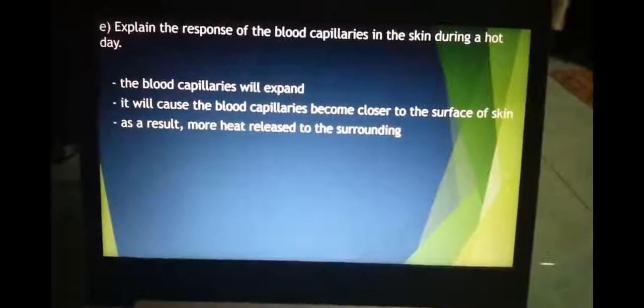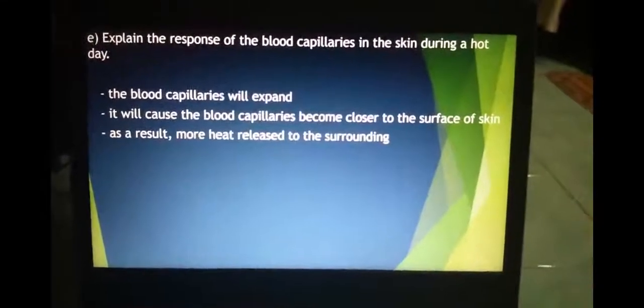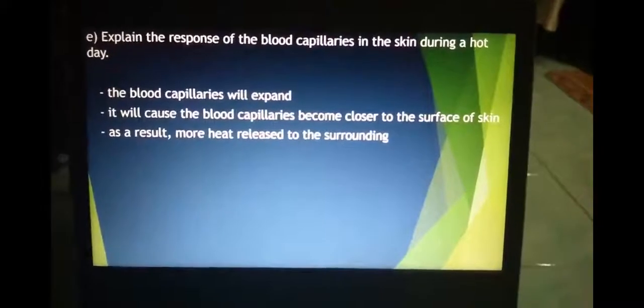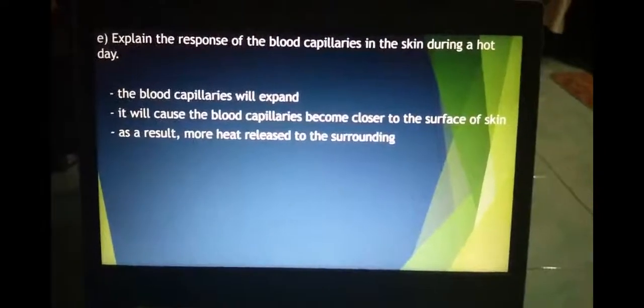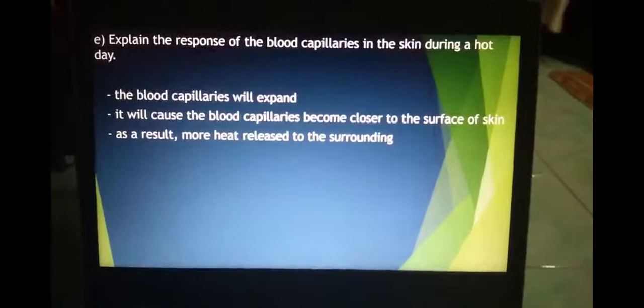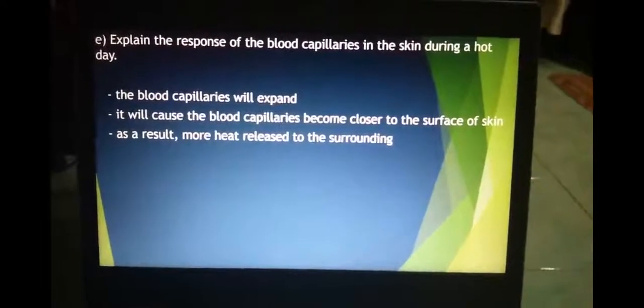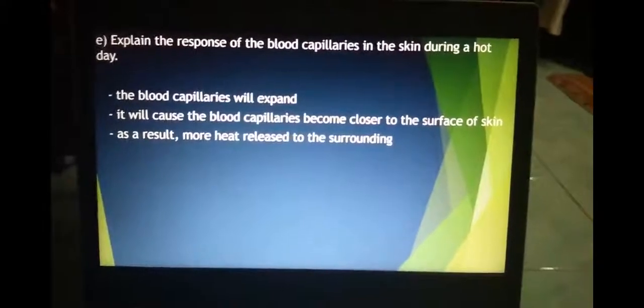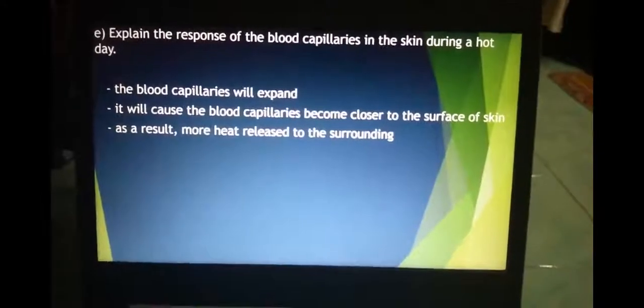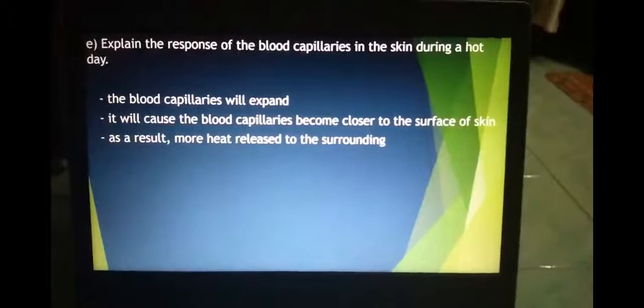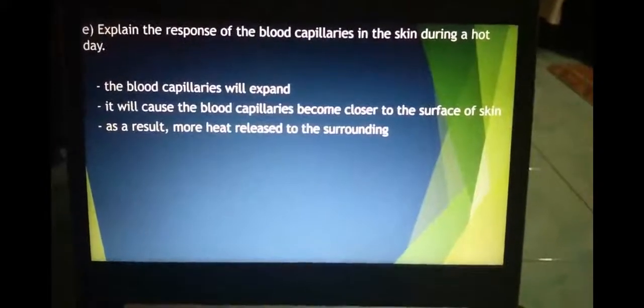The last question is, explain the response of the blood capillaries in the skin during a hot day. My first point is the blood capillaries will expand. Why do they expand?